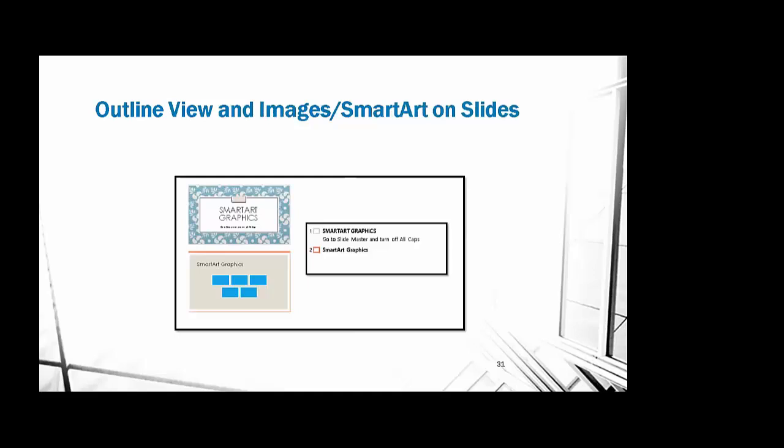Part of the problem with SmartArt is, depending on which one you use, there are components that you cannot add alt text to, and so someone who is coming through the SmartArt object is going to lose the ability to understand the relationship.